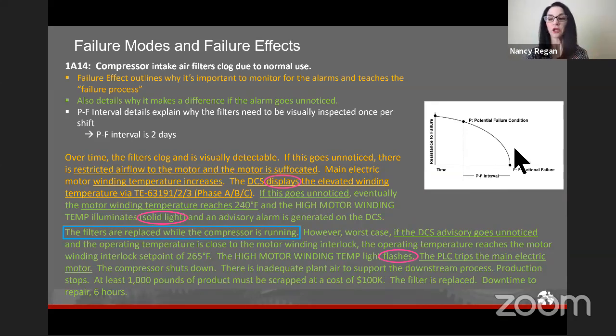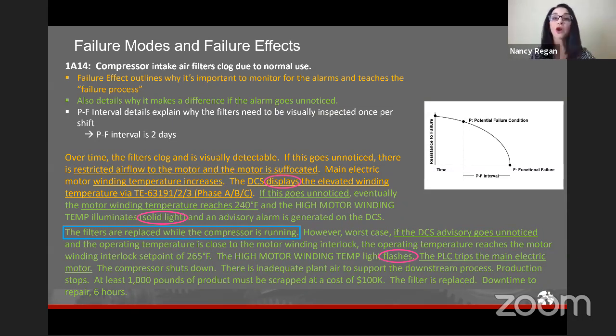So in a nutshell, let's say we install a new component and a certain amount of time goes by, because we live in the real world and degradation happens. Everything degrades over time. And eventually we see potential failure conditions. We could use our human senses and hear vibration, we could feel it. We can use sophisticated vibration monitoring equipment.